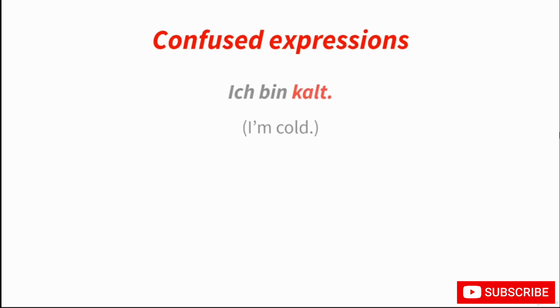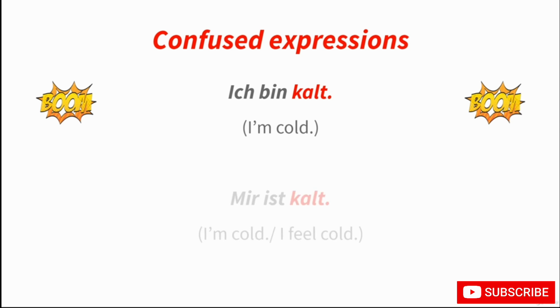Ich bin kalt means I am cold, but it doesn't mean I feel cold. It means I'm a cold person. That's why to say I feel cold, ich bin kalt cannot be used. It is false. The right form of this sentence is mir ist kalt, which also means I am cold, but I feel cold.